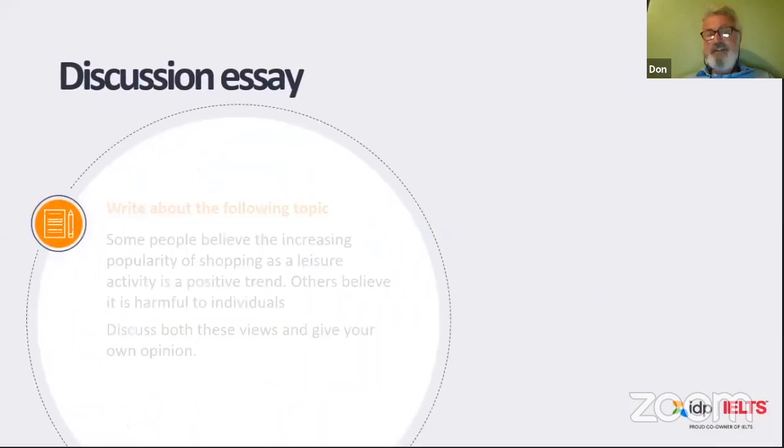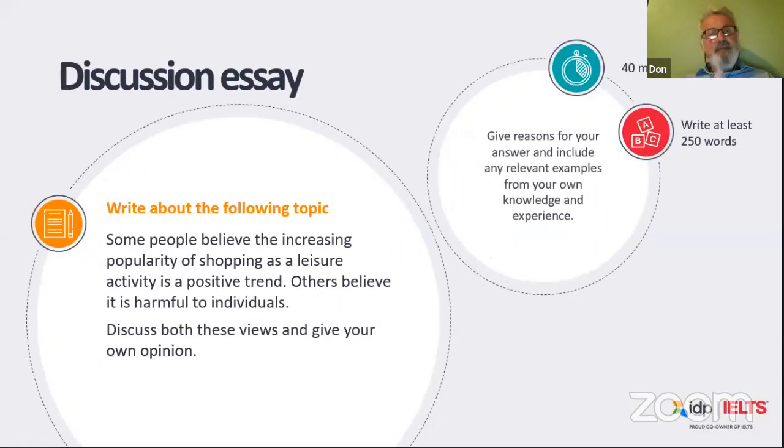It's the same topic. Some people believe the increasing popularity of shopping as a leisure activity is a positive trend. Others believe it is harmful to individuals. And then you are asked to discuss both views and give your own opinion. You are asked to do 3 things now, not one thing.